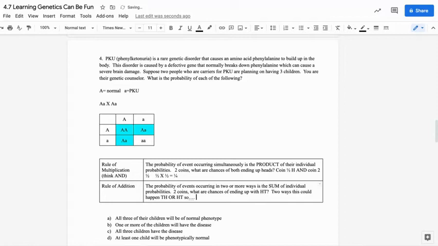So again, to get tails on a coin, that's a 1 in 2 chance of tails ending up when you flip the coin. And then again, if a tails shows up, it's a 1/2 chance for the other coin to be heads. Okay?